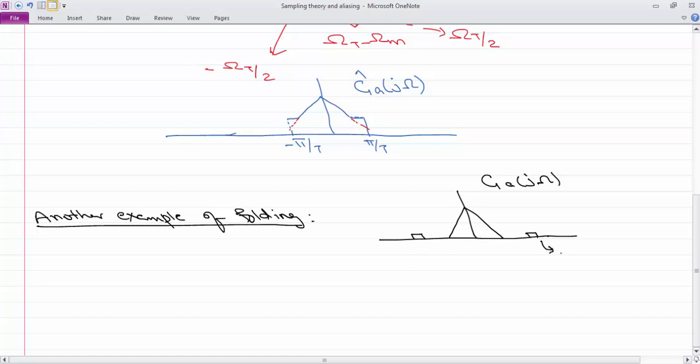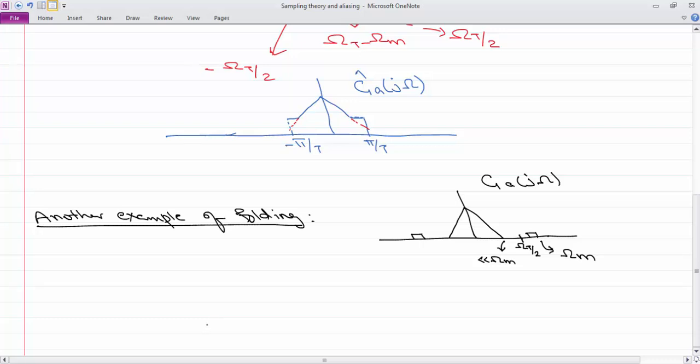So the bandwidth of this is, so this is omega m. Okay. And this point, let's say, is way smaller than omega m. This is much, much smaller than omega m. And your omega_s by 2 is some point here. Okay.